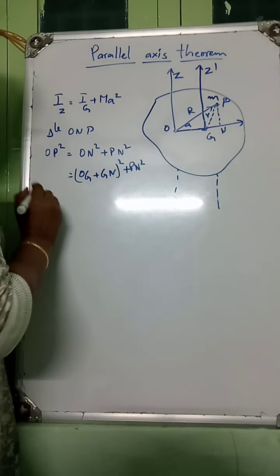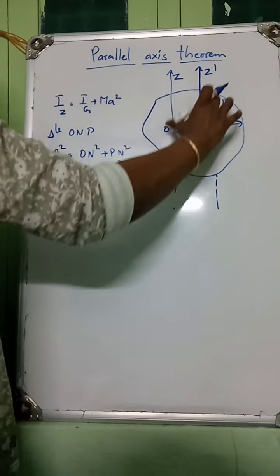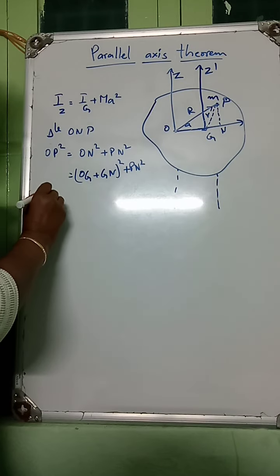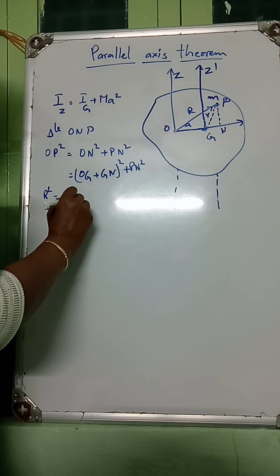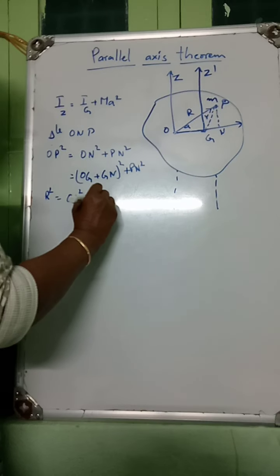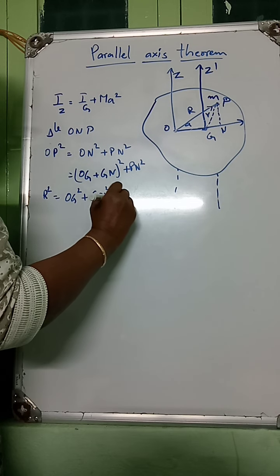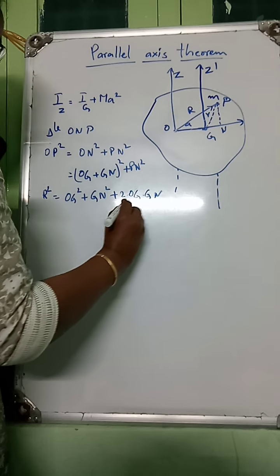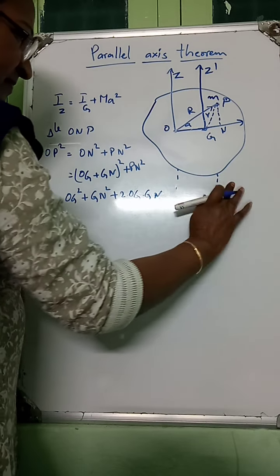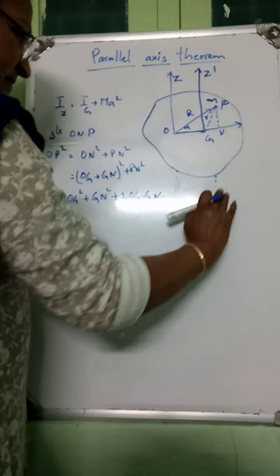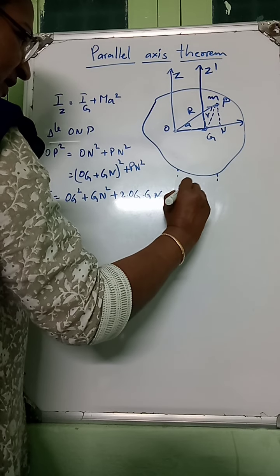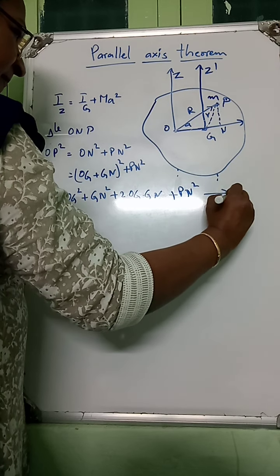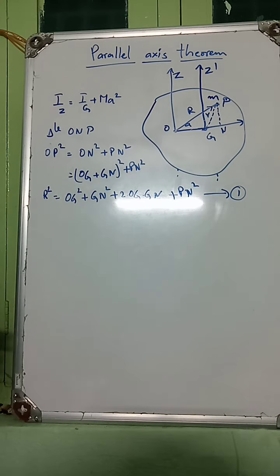Now expand this. We know that OP is capital R. So R square is OG square plus GN square plus 2 OG into GN plus PN square. Let it be equation 1.